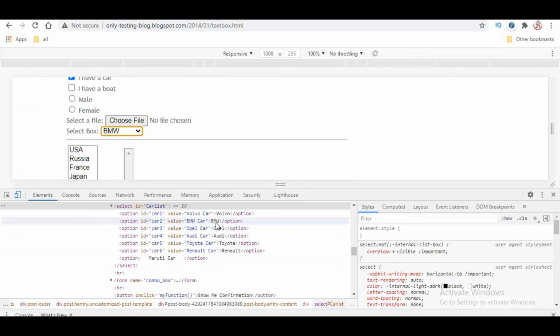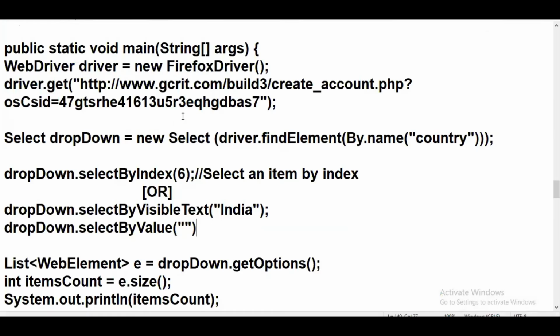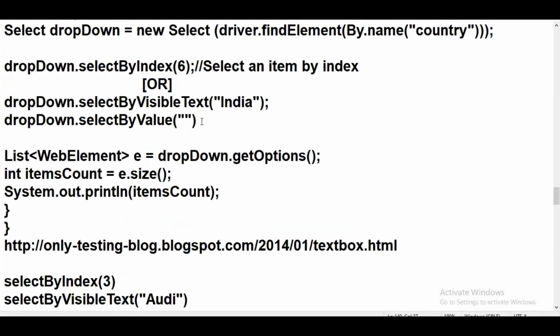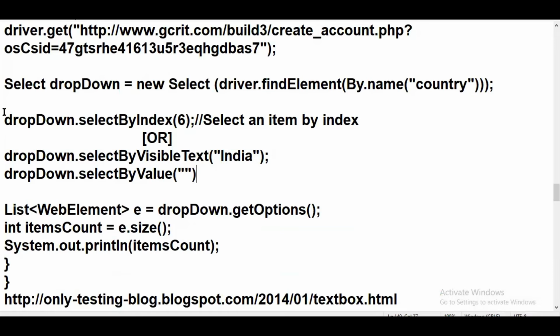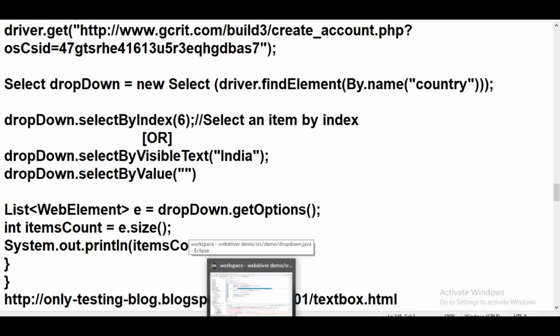So this is called select by visible text and this is called select by value. We have three methods in total. Whichever is comfortable for you, you can use it. These are the only methods we need to use for selecting the elements inside the drop down list.